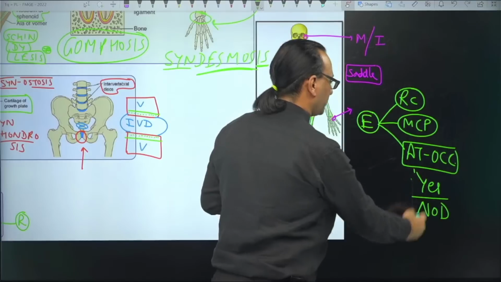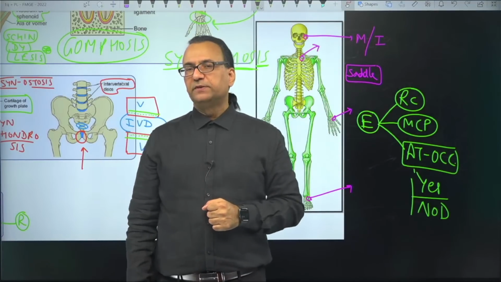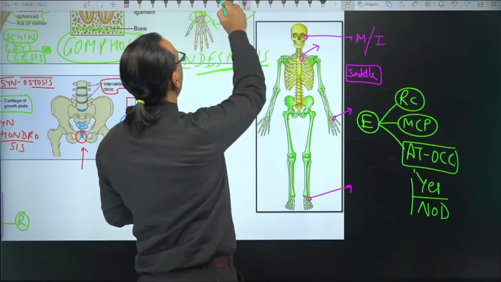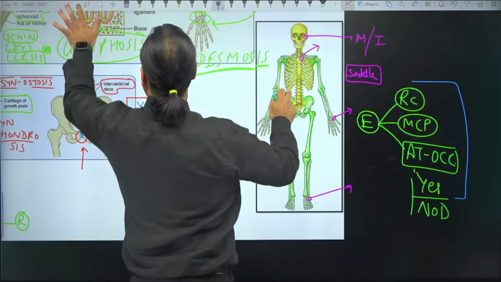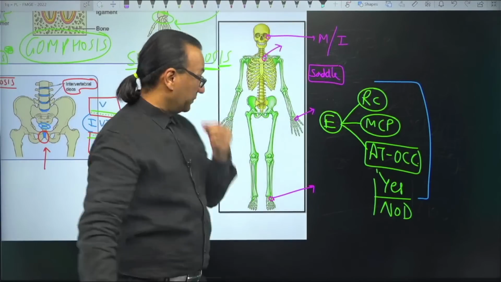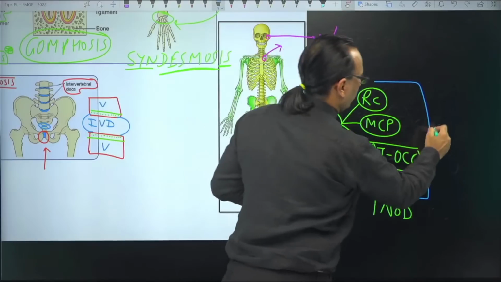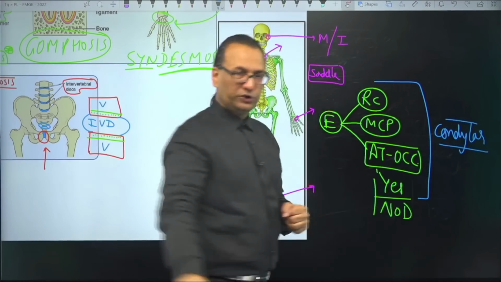So nodding movement or yes movement, which type of joint is that? Ellipsoid. Now be careful, because some of the books will tell you that these are not ellipsoid. They will tell you that these joints are condylar. If you say these are condylar, what does that mean? What should I answer if the question comes?